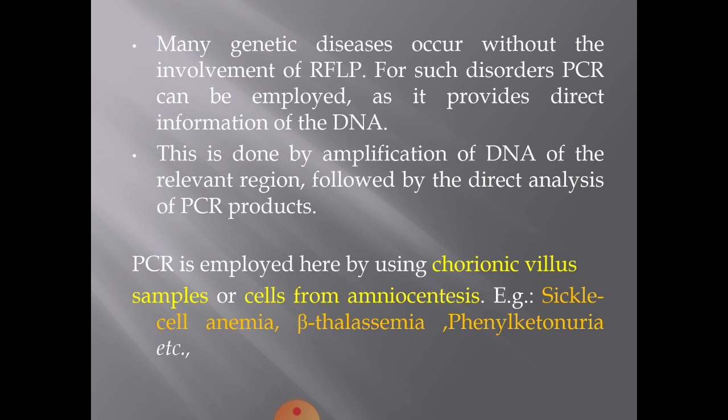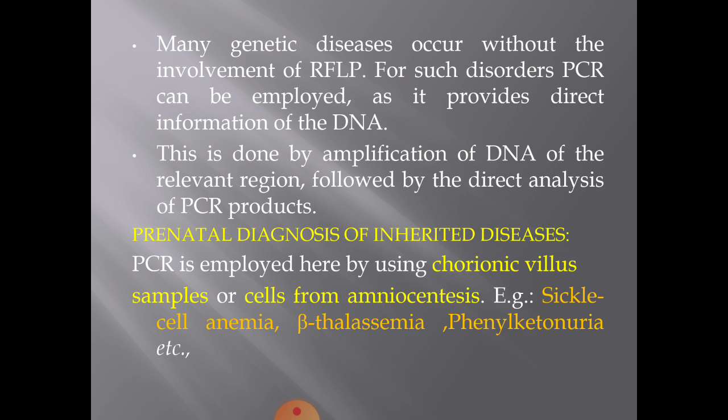PCR is useful for prenatal diagnosis of inherited diseases, where it is employed by using chorionic villus samples. You will take the cell samples from chorionic villi, that is part of the placenta, or cells from amniocentesis.